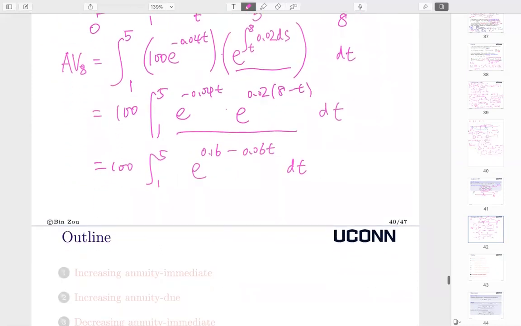From here, first of all you can take out this constant part, and then it's an exponential function. So you easily know you just need to divide by whatever you have in this part, and then you will get the result.